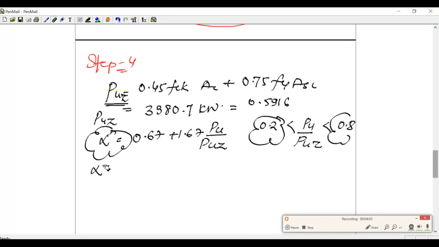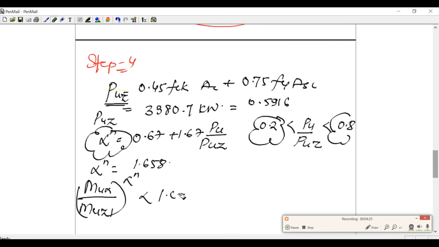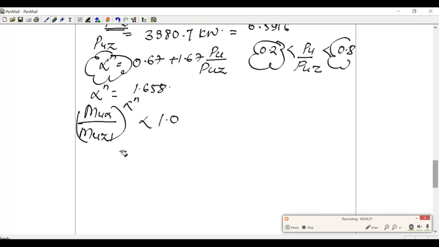So alpha n is coming around 1.658. For the checking of adequacy of the section, we have a formula where Mux upon Mux1, raised to alpha n, should be less than 1.0.